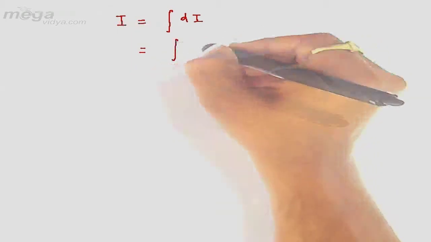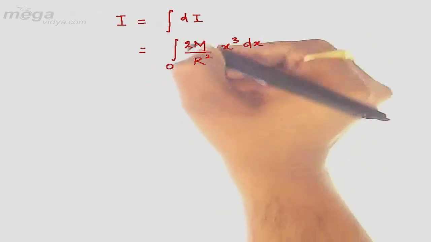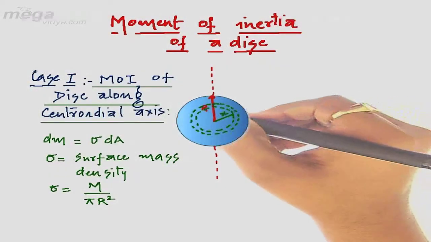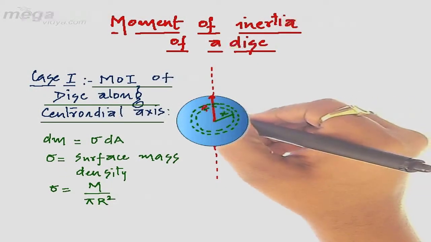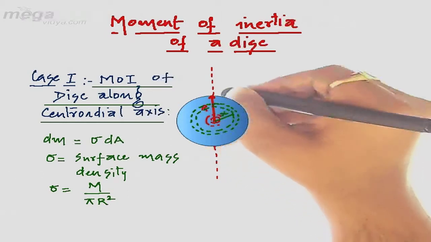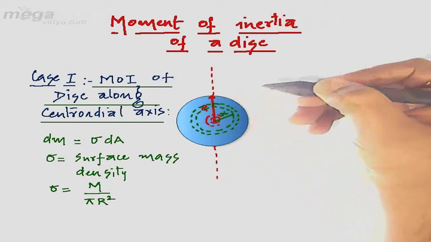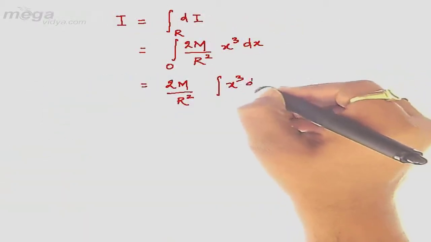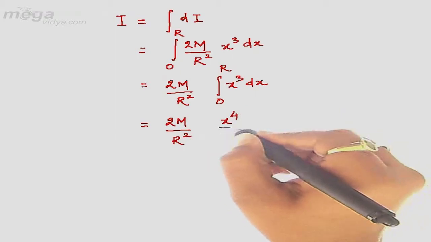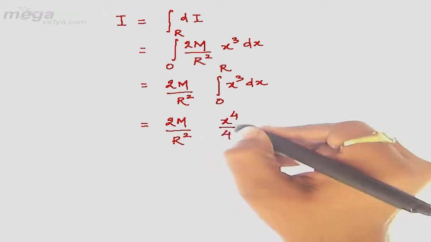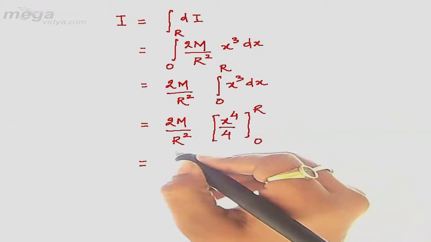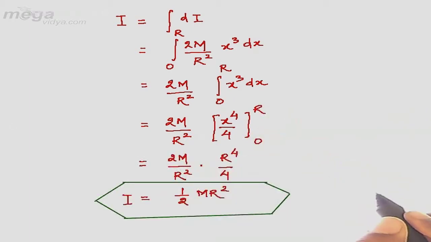The limits extend from 0 to r, because the elementary section starts from the smallest disk and finally reaches the biggest disk. The constant will be taken out, and the integration of x cube gives x to the power 4 upon 4 under the limits 0 to r. It comes out to be equal to half m r square.